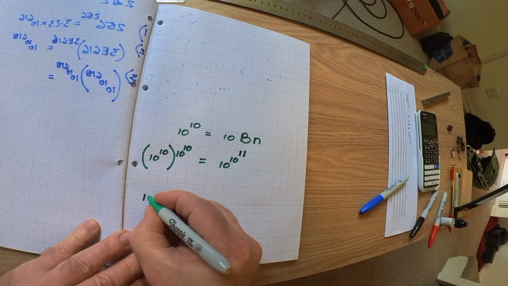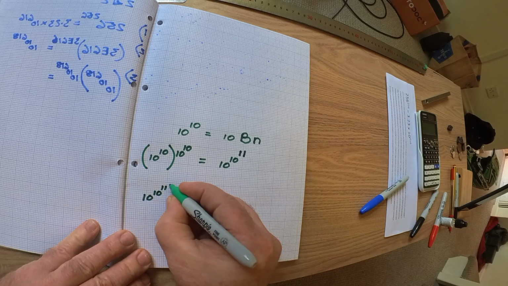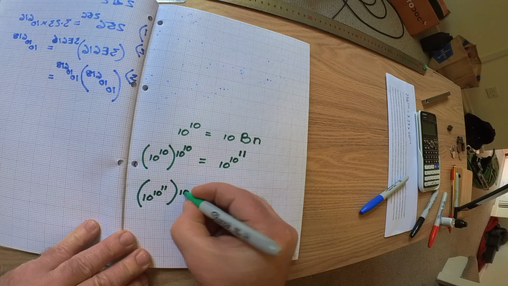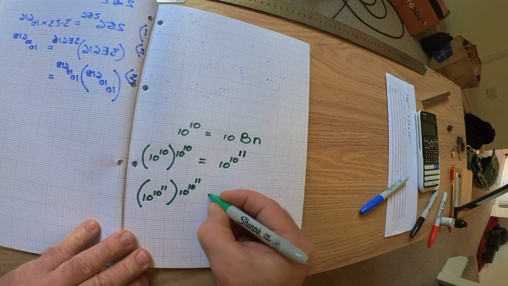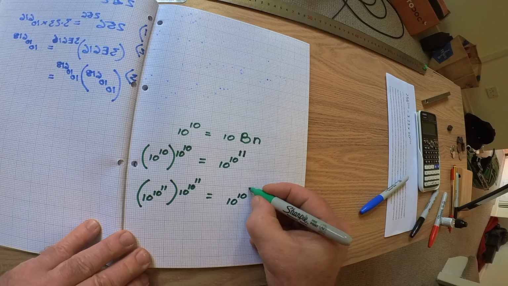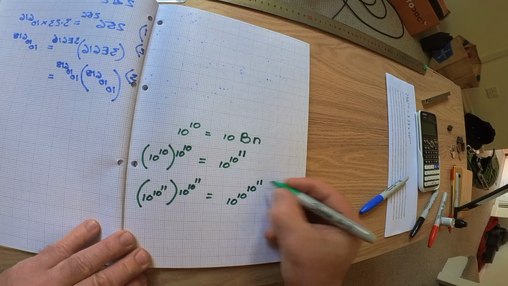Then I have to go 10 to the 10 to the 11 to the power of itself. 10 to the 10 to the 11 equals 10 to the 10 to the 10 to the 11.